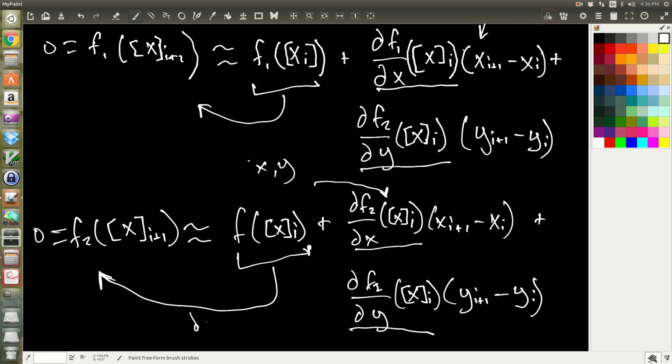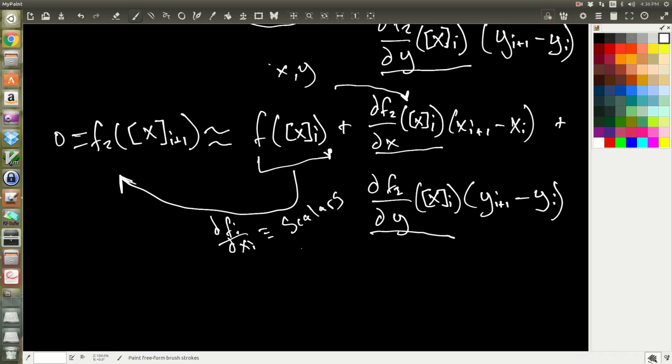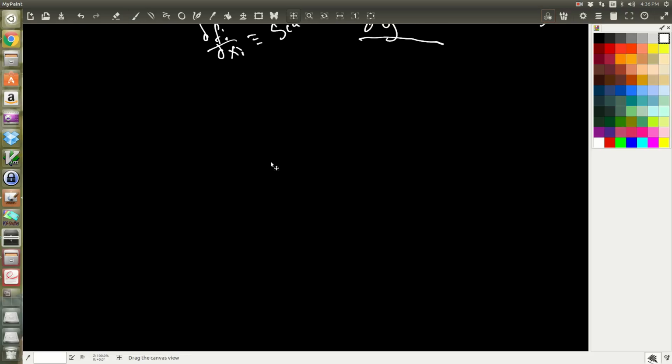So the partial of fi with respect to xi are scalars. That's important to know.